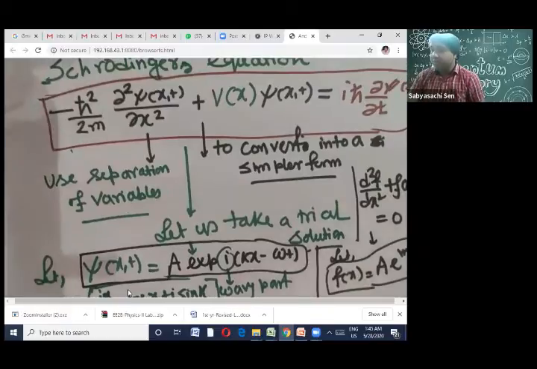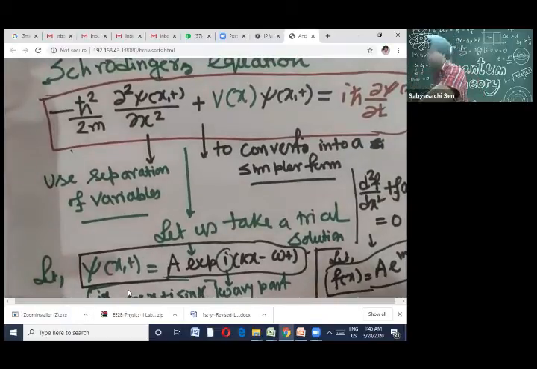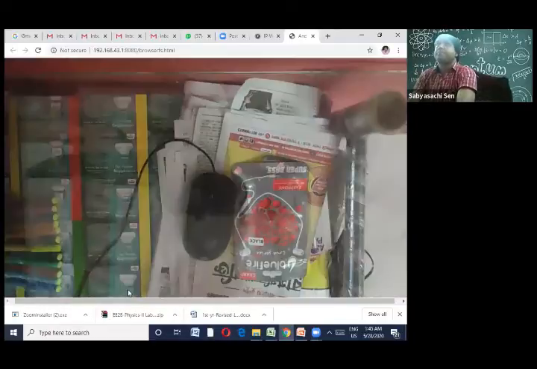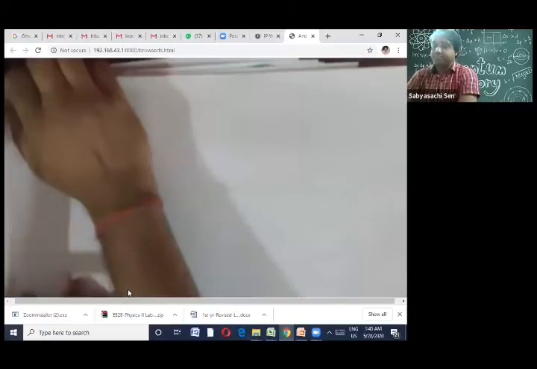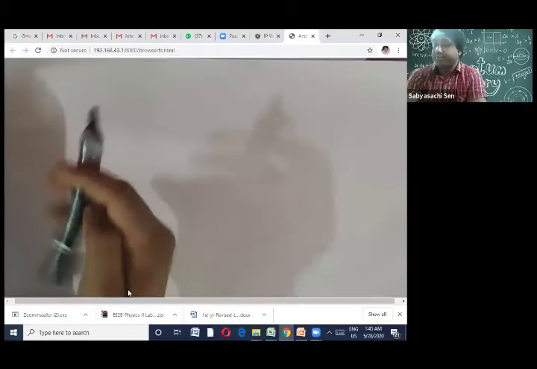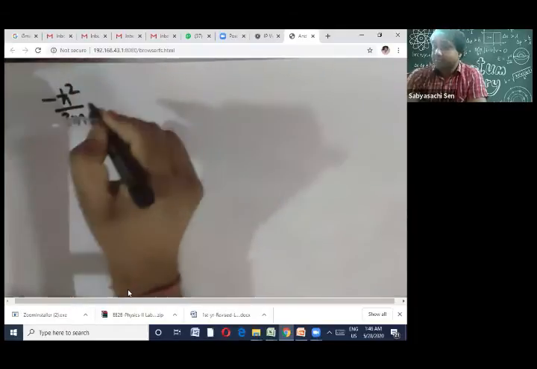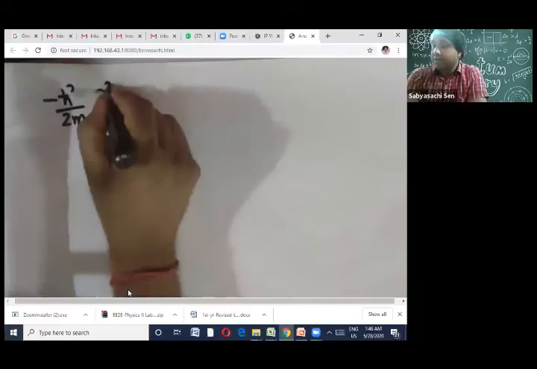So I have to use this much. This is the Schrodinger equation.